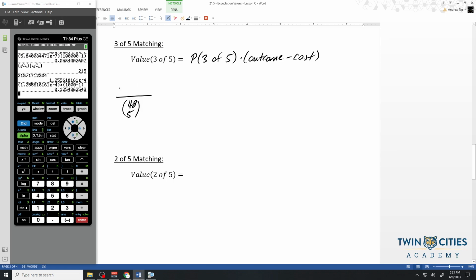And now to satisfy this, I've got 5 numbers on my ticket, 3 of 5, so 3 of them are going to get called here. And then of the 43 numbers not on my ticket, 2 of these are going to be called.